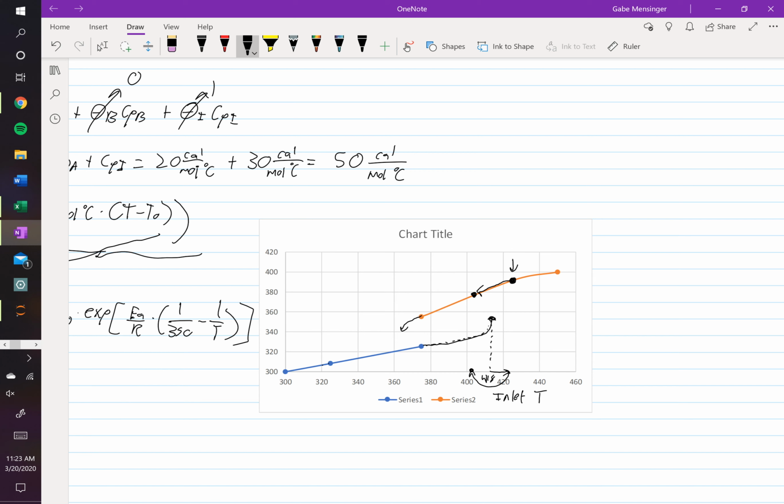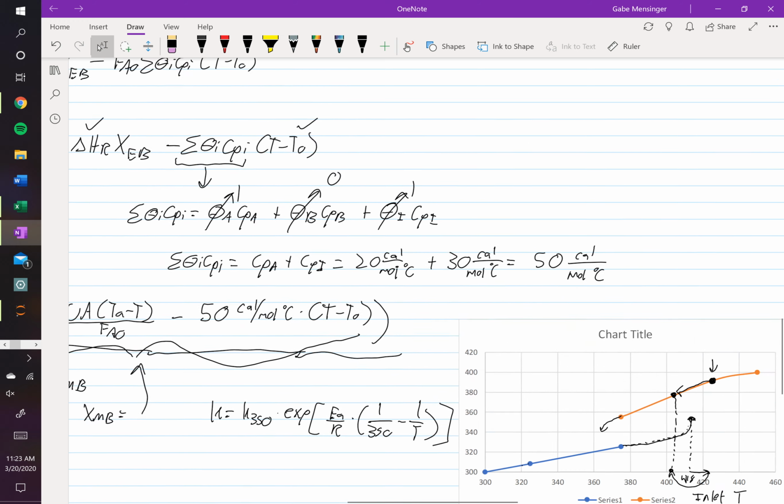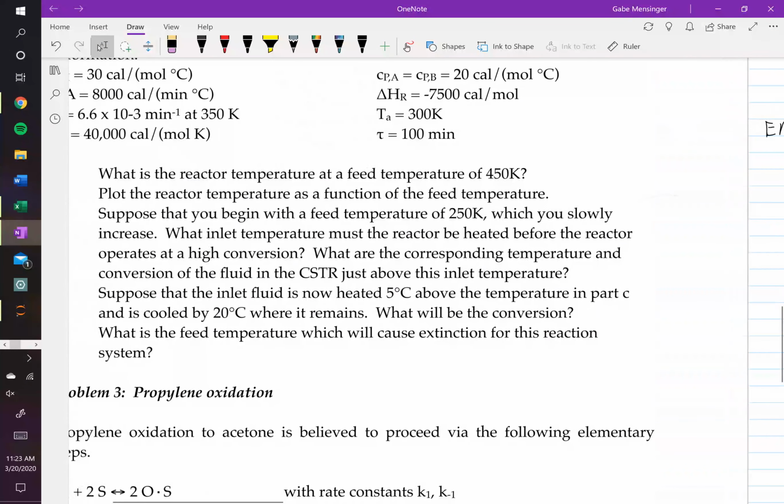And even though that lower branch does exist and does have values for this inlet temperature, because we've gone past ignition and cooled, but not cooled past extinction, we're still going to remain on the upper line. I hope that answers that question.